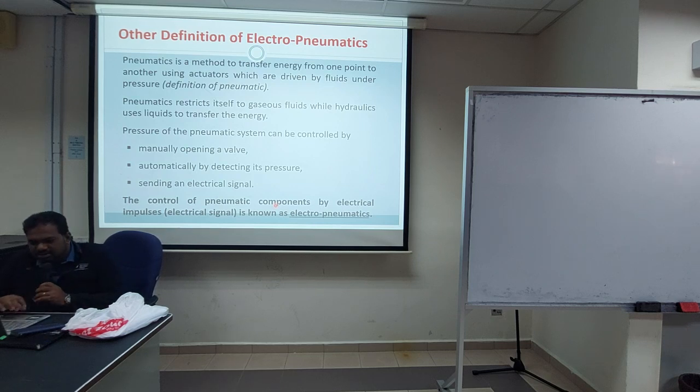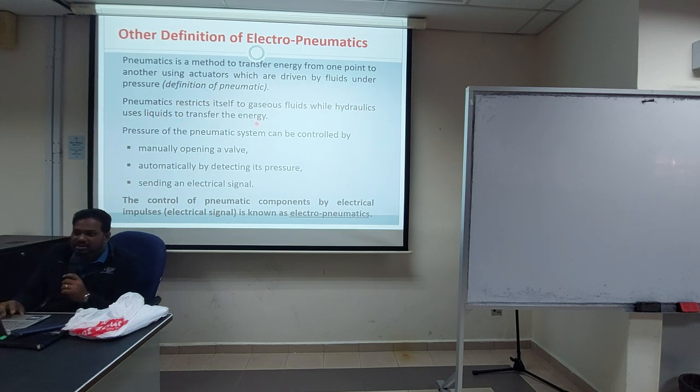Pneumatic is a method to transfer energy from one point to another point using actuators which are driven by fluid under pressure. Pneumatic we know uses compressed air. So pneumatic restricts itself to gaseous fluid, while hydraulic uses liquid to transfer the energy.